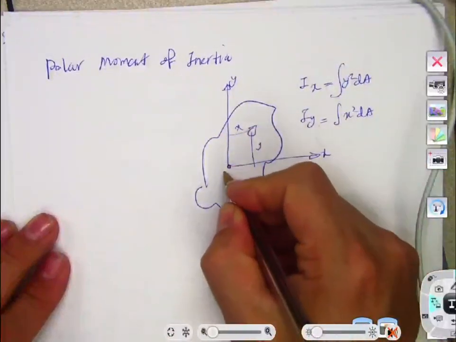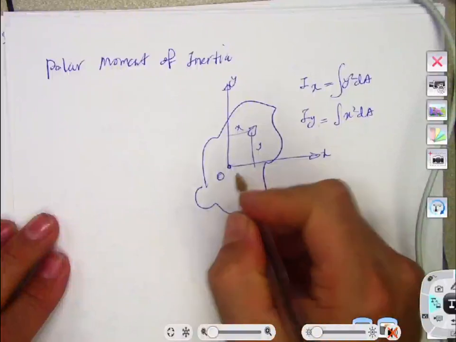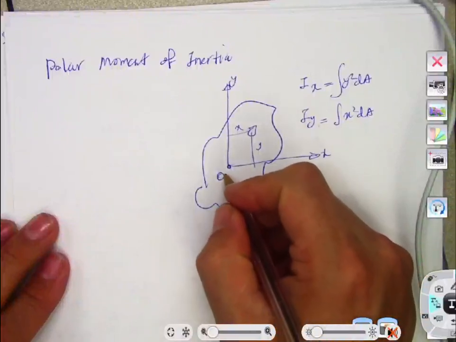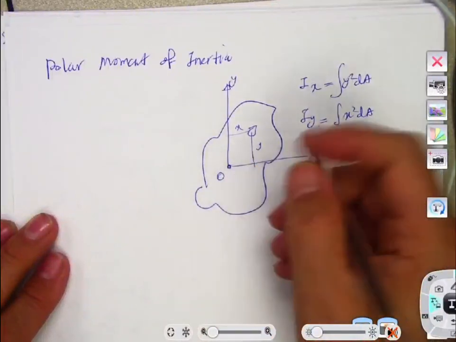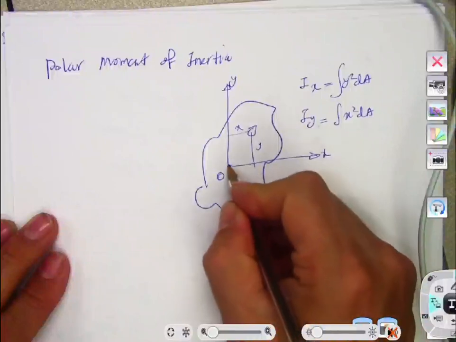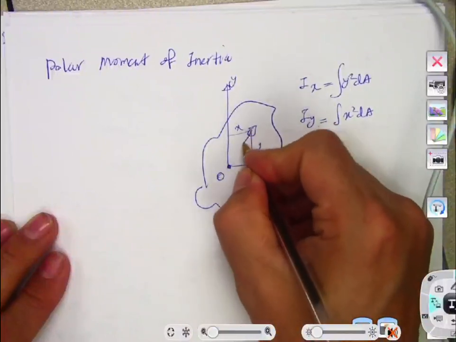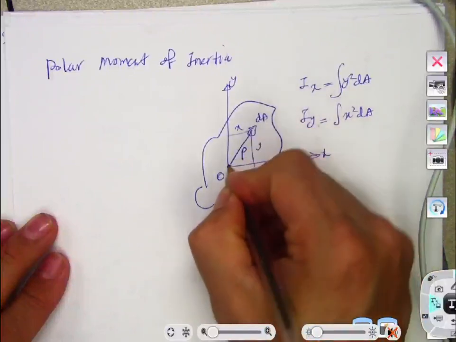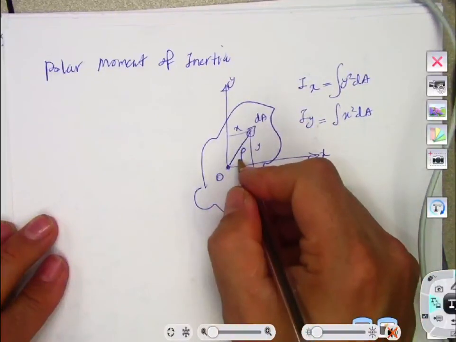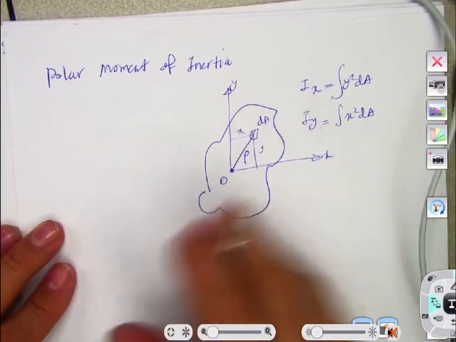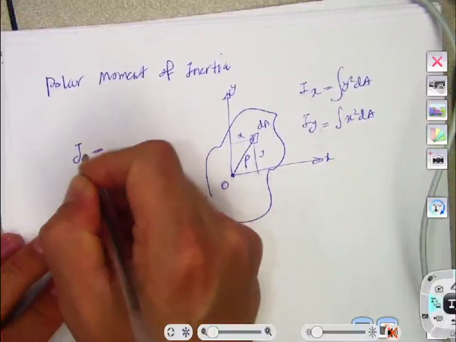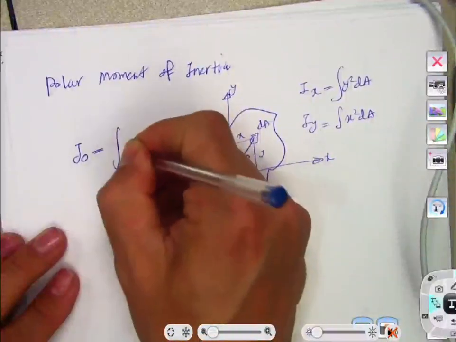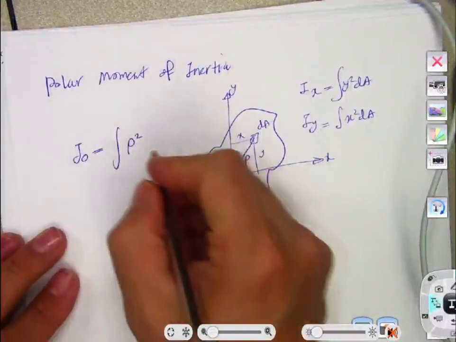For polar moment of inertia, what matters is it's the moment about a point, not about an axis. Let's say we have point O, and I define the distance from the differential element to the origin as rho. Polar moment of inertia Jo is defined as the integral of rho squared dA.